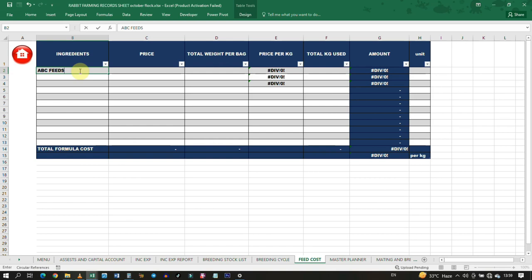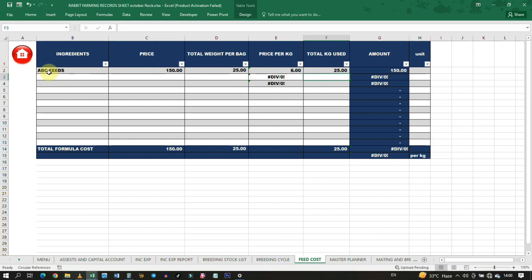ABC feeds cost you 150 cedis, and the total weight is, let's say, 25 kilo.